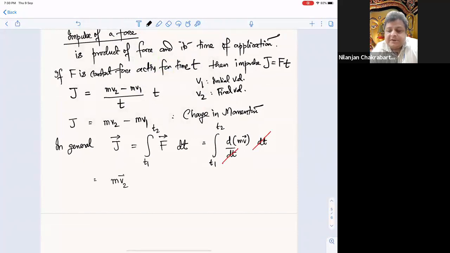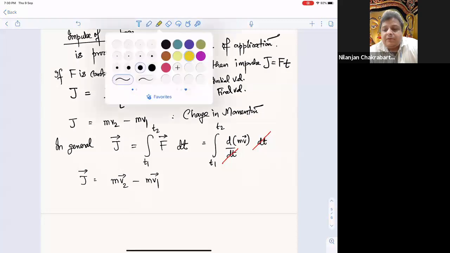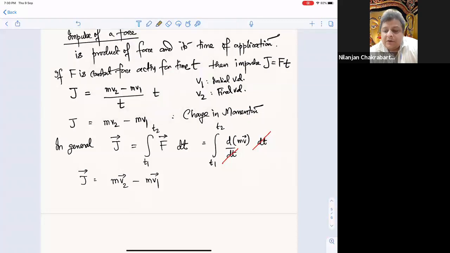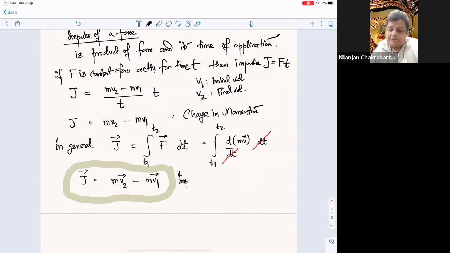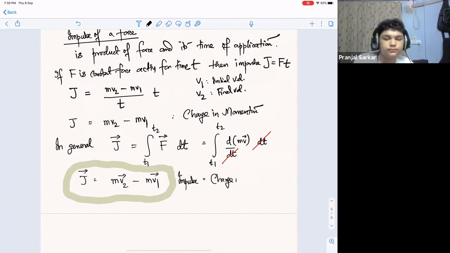So what you get is mv2 minus mv1. Okay, see, calculus is very new to all of us now, so don't worry about this much. Just for all cases, impulse equals change in momentum.